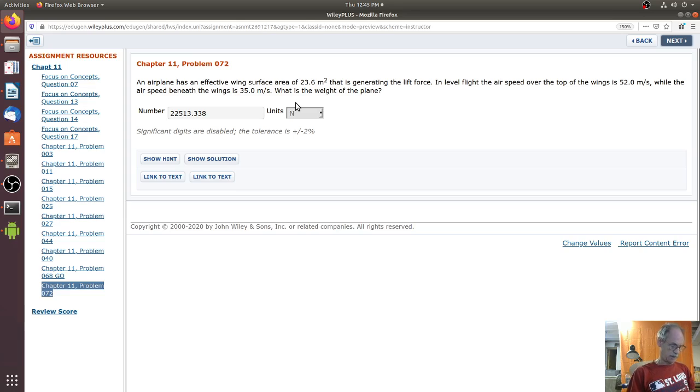Where is my problem? This is my scrap paper. Since at the top of the airplane wing, Y1 and Y2 are the same, we'll let P1 and V1 be the top of the airplane, and we'll let the other be the bottom of the airplane, plus 1/2 rho V2 squared.